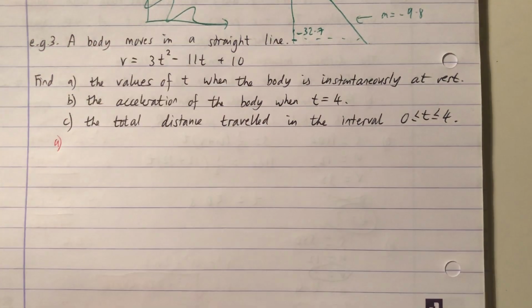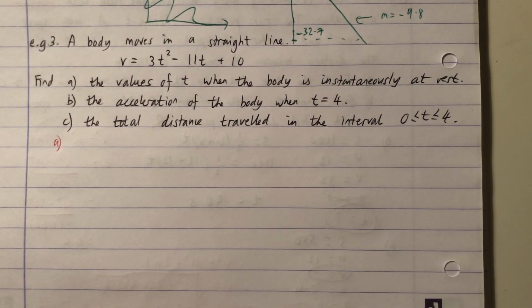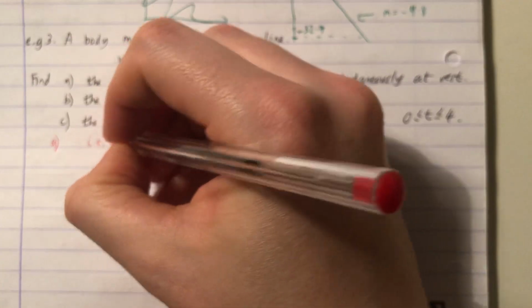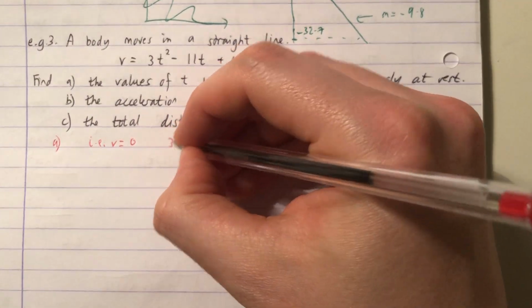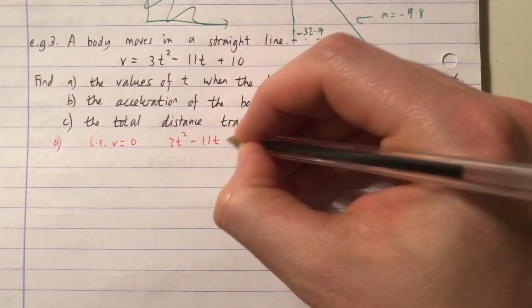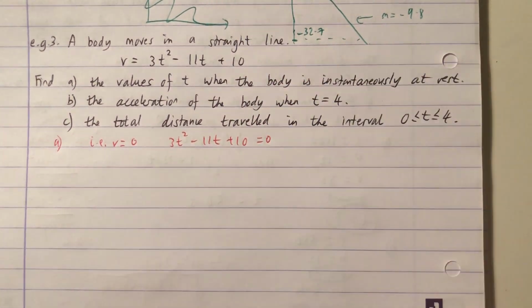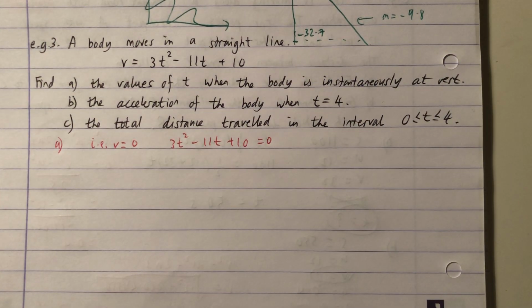Part A requires us to find the values of t when the body is instantaneously at rest. So in other words, v is equal to 0. In some mark schemes, you just get a mark for writing v is equal to 0.